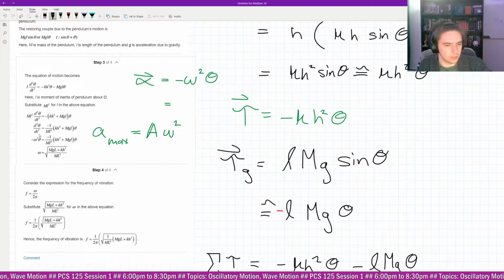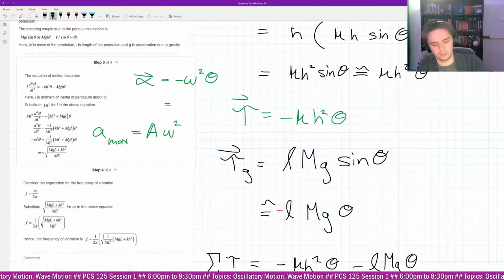Where did you start? Was it on this page somewhere? No, actually in our notes when we derived the formula for the simple pendulum, what we derived finally was d squared theta by dt squared equals minus g by l sine theta.